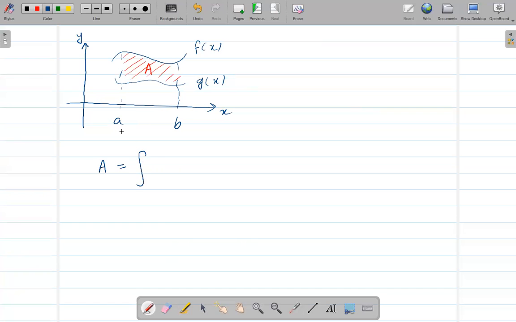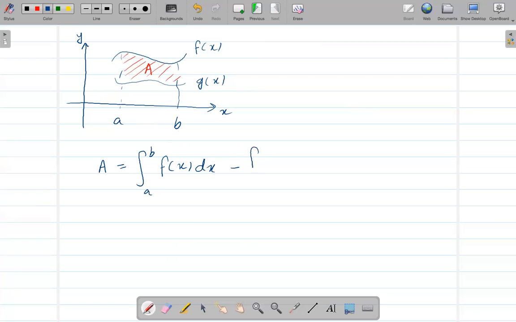the integration from a to b of f of x, in terms of x, so we have to write dx, right? And minus, so this one will give the area of this whole thing, and subtract the area of this bottom one.